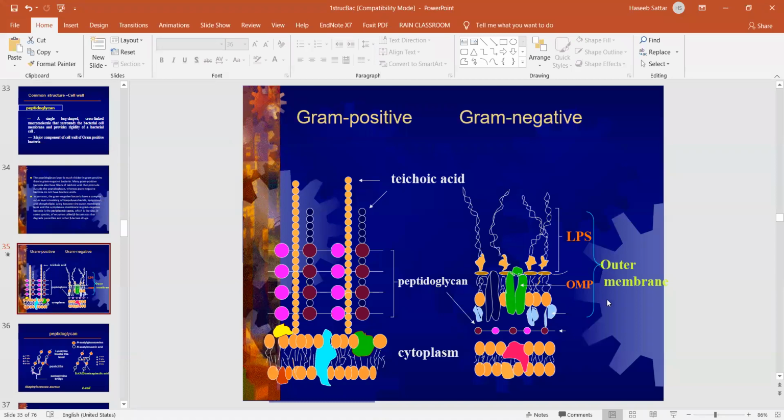It is made up of different components: layers of polysaccharides, especially lipopolysaccharides, lipoprotein, and phospholipids. These are the components present in the outer membrane.